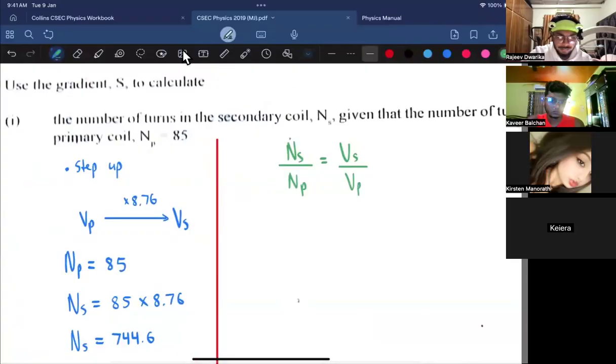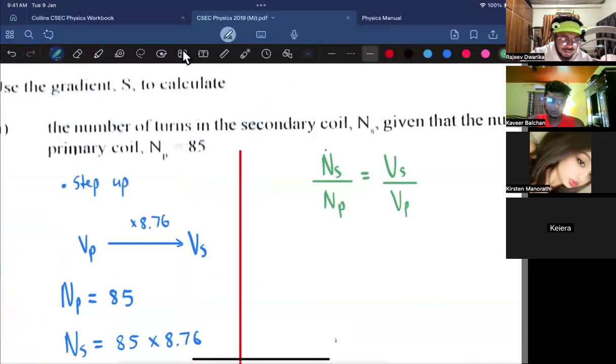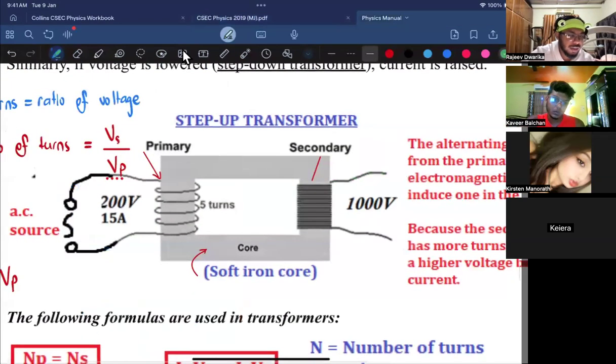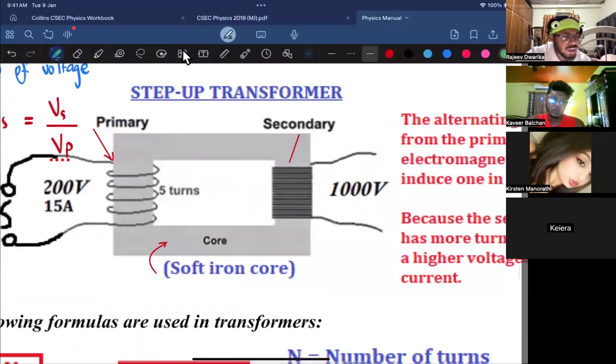Let's observe what we have. Do we know what VS over VP is? Be careful what we're saying. What is VS over VP? That is telling you how many times what? Explain what VS over VP means. That's the ratio of voltage. So in the context of this previous question, if you find VS over VP, what are you doing?